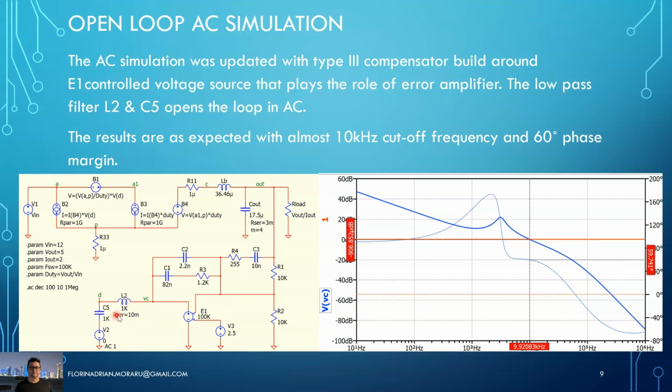So we will be able to plot the open loop response of the power stage plus the regulator by simply plotting this VC, I mean control voltage.